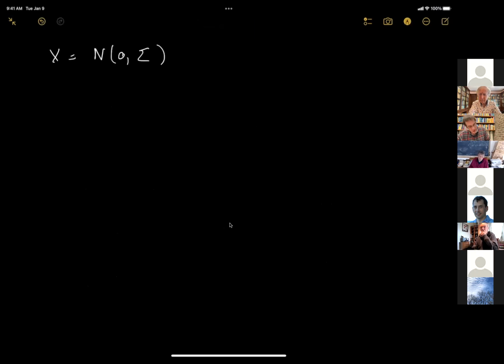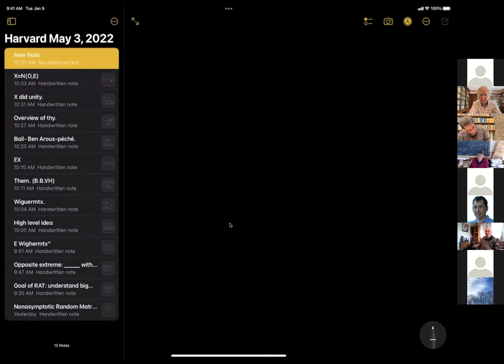And suppose I wanted to compute some mixed moments of the entries of X. Then there's a so-called Wick formula, which says that I can compute this by taking the sum over all pairings of K.